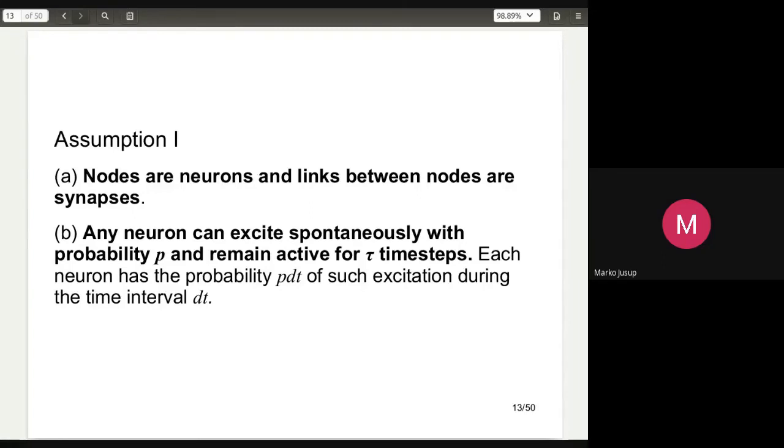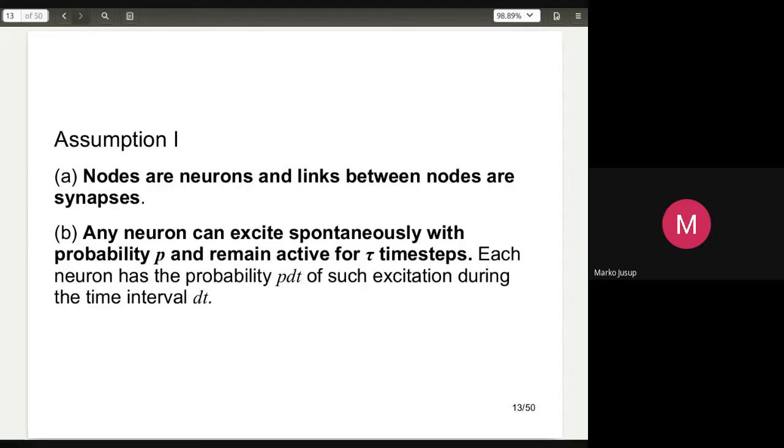Those connections allow them to communicate, and this ability of neurons to communicate with one another, we will represent in our network as links. So cells that can communicate are connected, there is a link between them, and cells that cannot communicate don't have links between them.